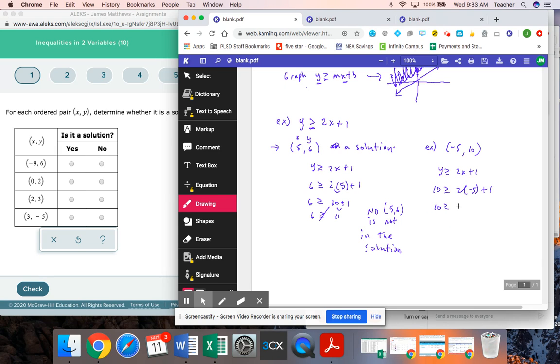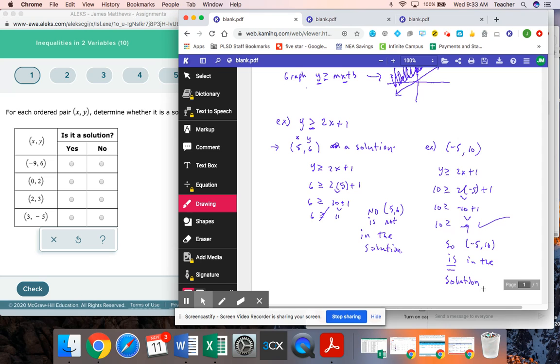Is 10 greater than or equal to, well, this is negative 10 plus 1, which gives me negative 9? Is 10 greater than or equal to negative 9? Yes, that's true. So I can say that (-5, 10) is in the solution.